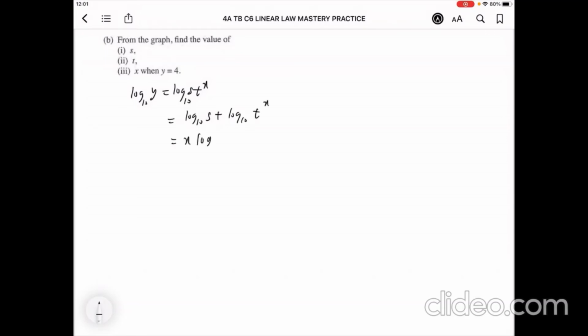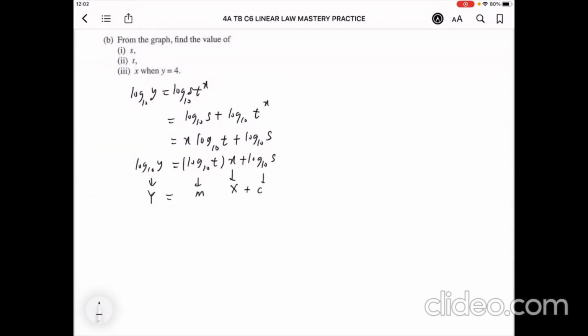Yeah? I just switch the s at the back. Maybe I write one extra step for you. I'm going to write log 10t in front. This is x, this is log 10s. So this is now your big Y, this is now your gradient, and your x and your c.